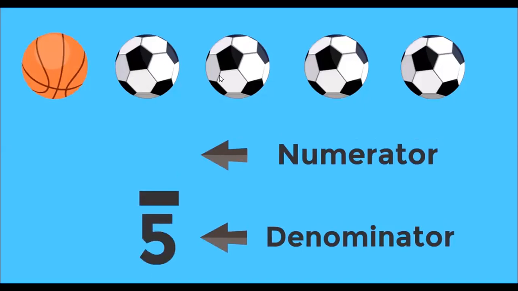Now remember, we're asking for the fraction of sports balls that are basketballs. So how many basketballs are there? Yeah, just 1. The number 1 is the numerator. So 1/5 of the sports balls are basketballs. Great job.